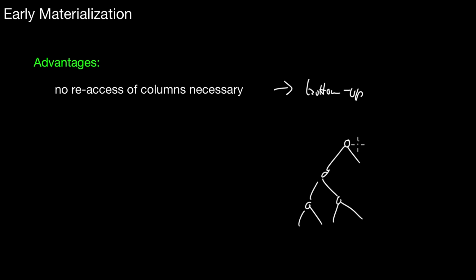So if you know eventually here you need an A, and eventually here you need a D, and here you need a B, then you know, okay, I have to make sure that I input it already here at the leaves of my plan. You input A, D, and B and make sure that all the information reaches this operation here. So you fill it in bottom up. And those plans are somewhat easier in a way because they're very textbook style. You don't have to worry about these additional anti-projections.